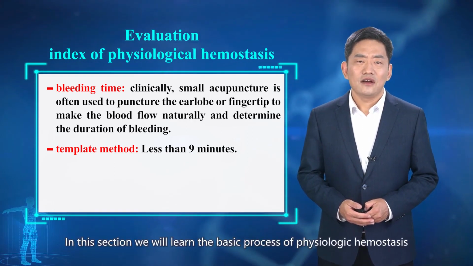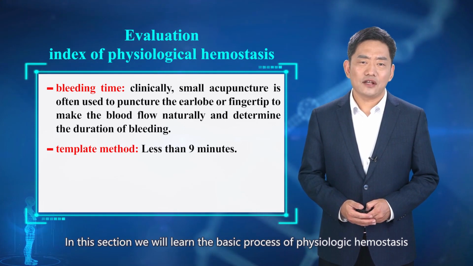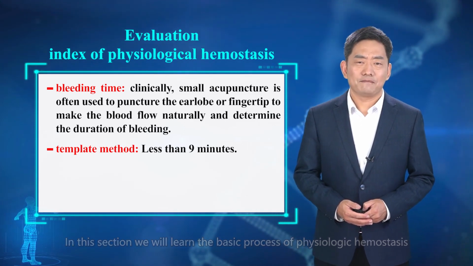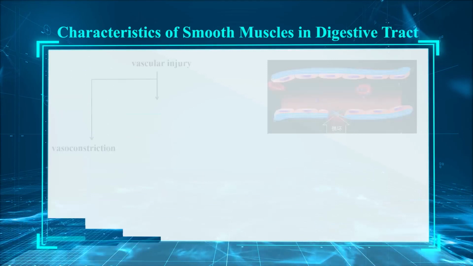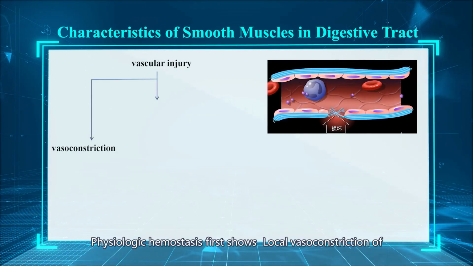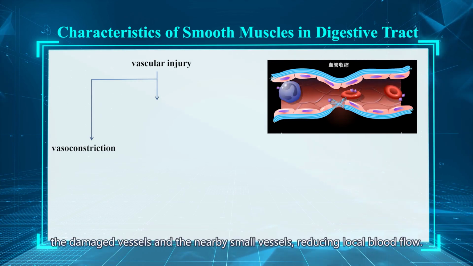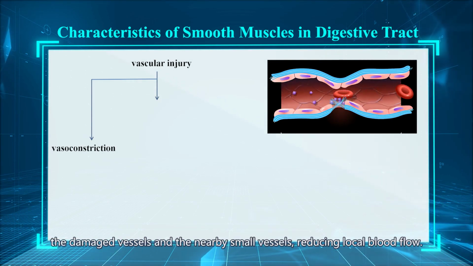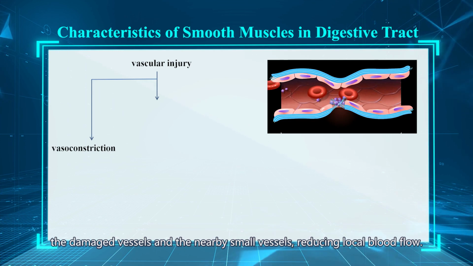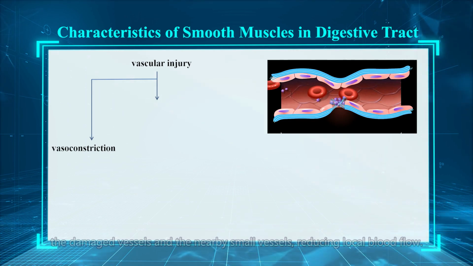In this section, we will learn the basic process of physiological hemostasis. Physiological hemostasis first shows local vasoconstriction of the damaged vessel and the nearby small vessels, reducing local blood flow.